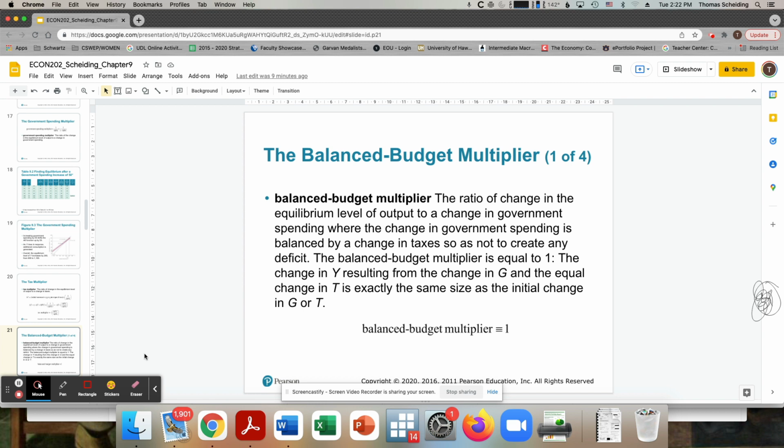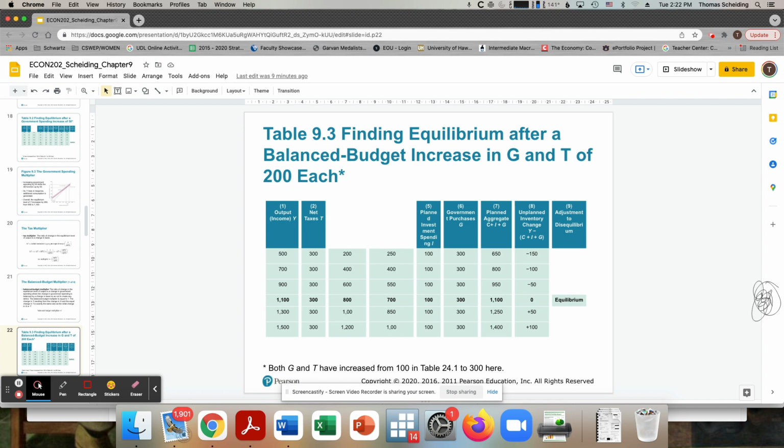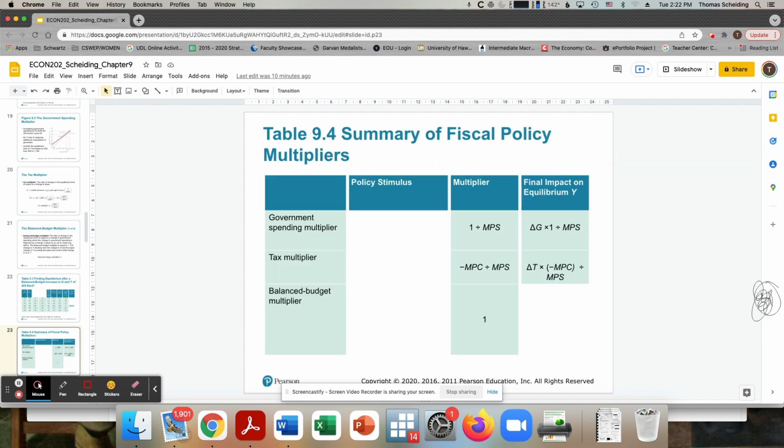Having a balanced budget multiplier doesn't really do anything to change the economy. And we see that here, right? In that equilibrium where I increase G and T by 200, the equilibrium simply goes up by that same 200. It went up from 900 to 1100. So you basically lose the multiplier effects of the money. The two basically cancel each other out.